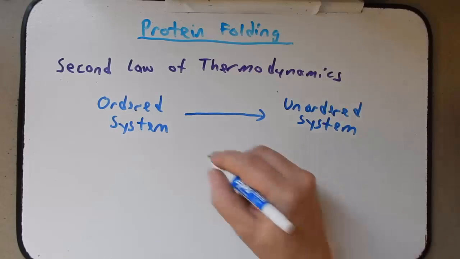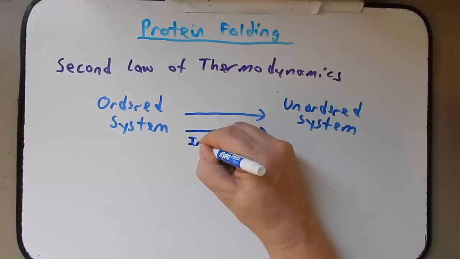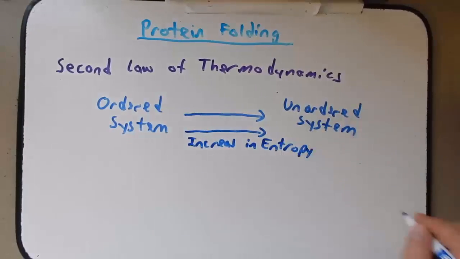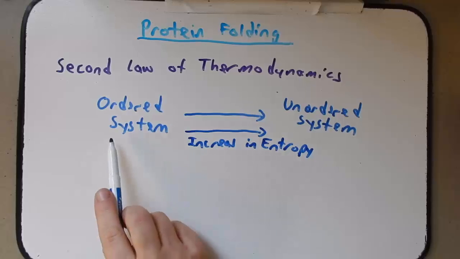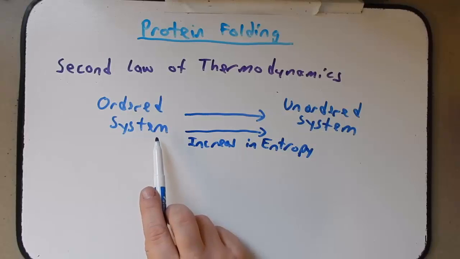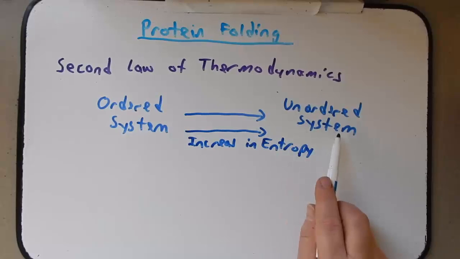Another way of saying that is that systems increase in entropy. But for now, what I really want you to know is that systems that are ordered are constantly fighting to stay ordered because their natural tendency is to become unordered.